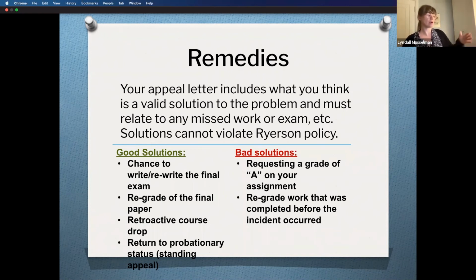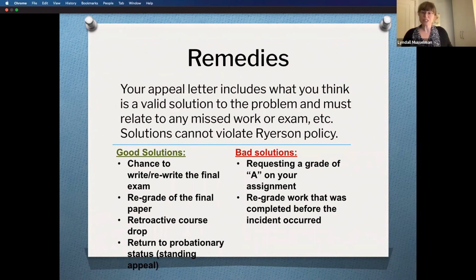You can ask for a retroactive course drop, but with this remedy, I just want to flag that retroactive course drops or withdrawals are really meant for extraordinary circumstances, so there is a very high bar. If you ask for a retroactive course withdrawal through the grade appeal process, the final decision will be made by the registrar's office.